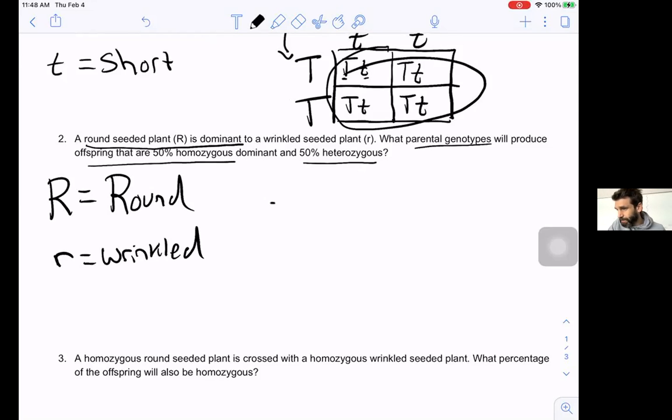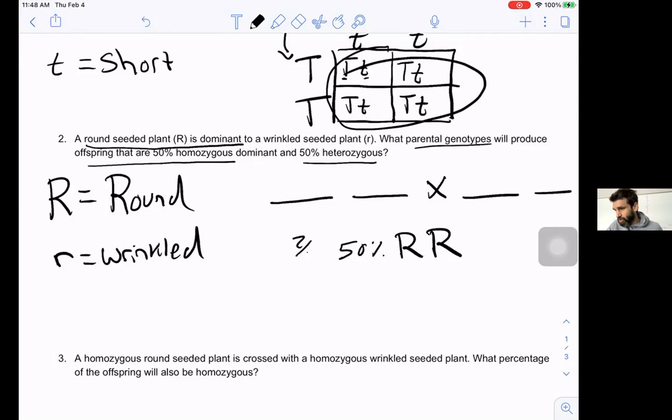Again, we don't know what this cross is, but we know that we're going to get 50% homozygous dominant. That's 2 out of 4. And we're going to get 2 out of 4, 50% heterozygous.